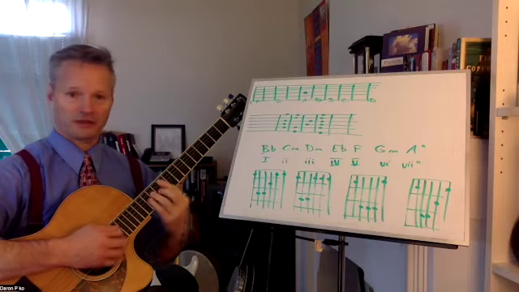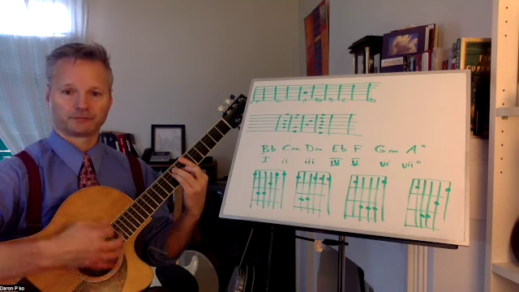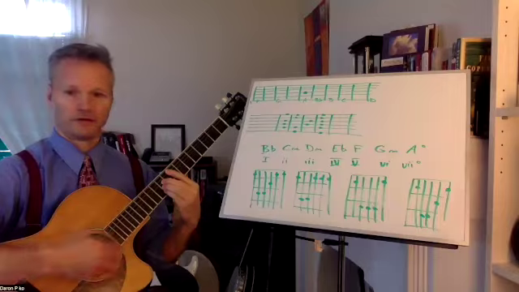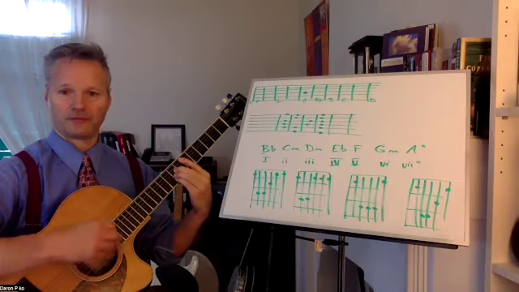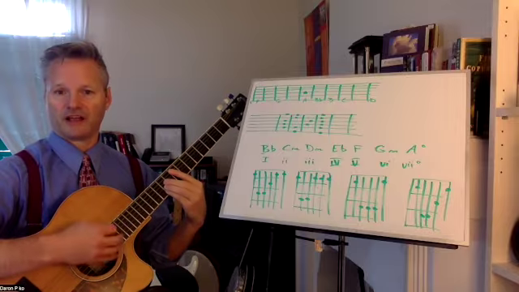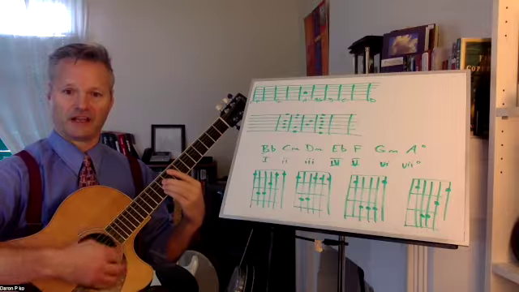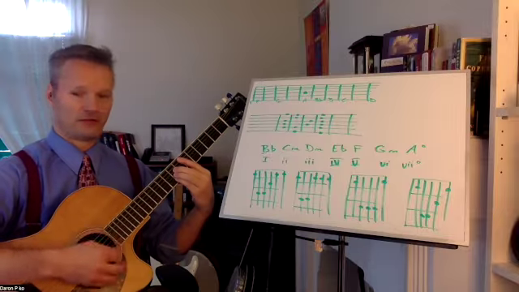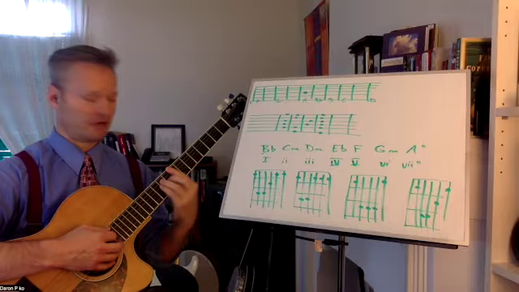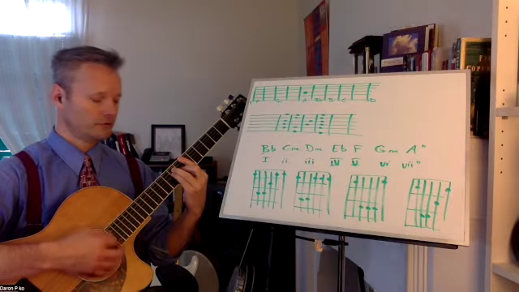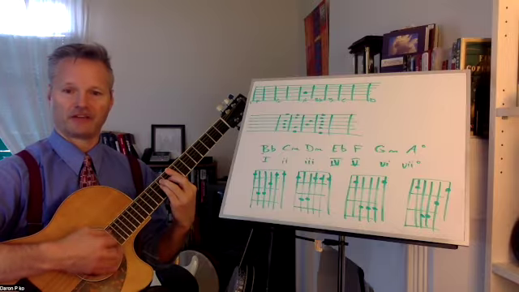I'll put it up in this position because this is a sound we know too. B flat, F, G minor, E flat, B flat, G minor to C minor. C minor to F.